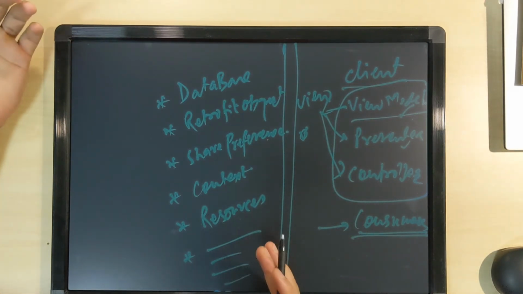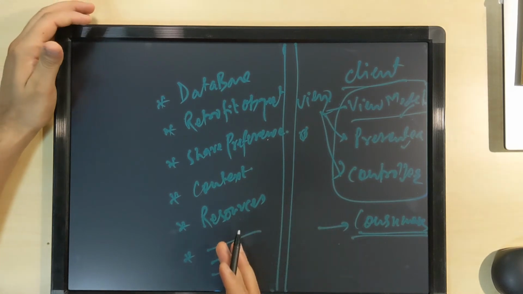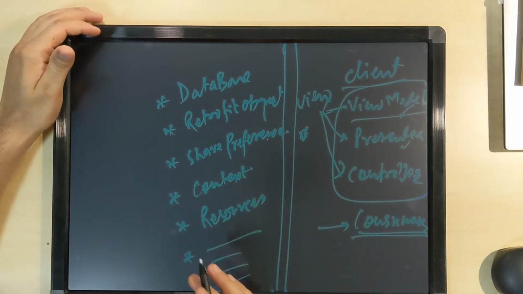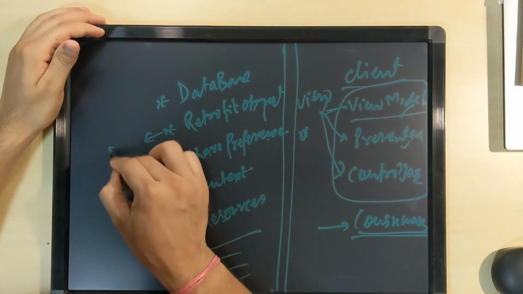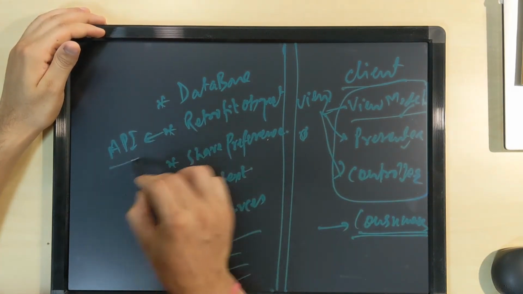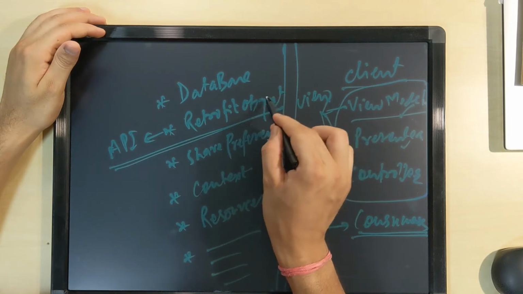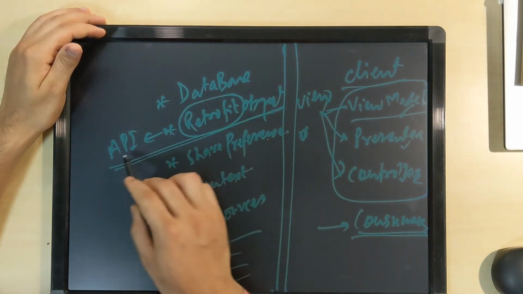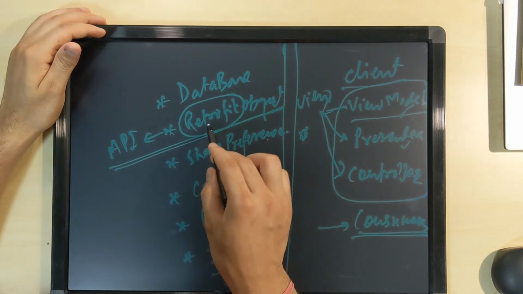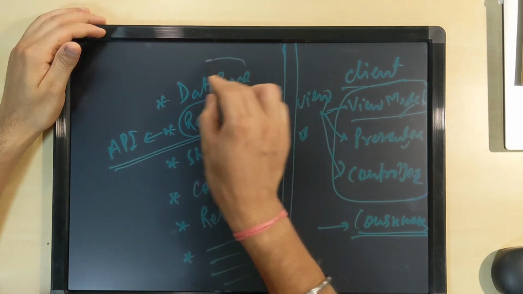I'm taking the example here of only common things. Like if you want to use an API, then you have to use the retrofit object, and retrofit, it means to hit your API, and you need to create a provider for the retrofit. You need to create a database.